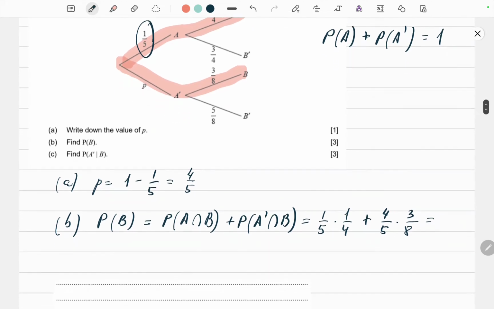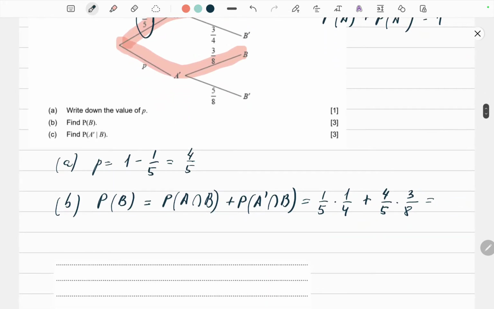Now let's calculate: 2/20 plus 12/40, so we have 16 out of 40, or after simplification, 4 out of 10, or 0.4.